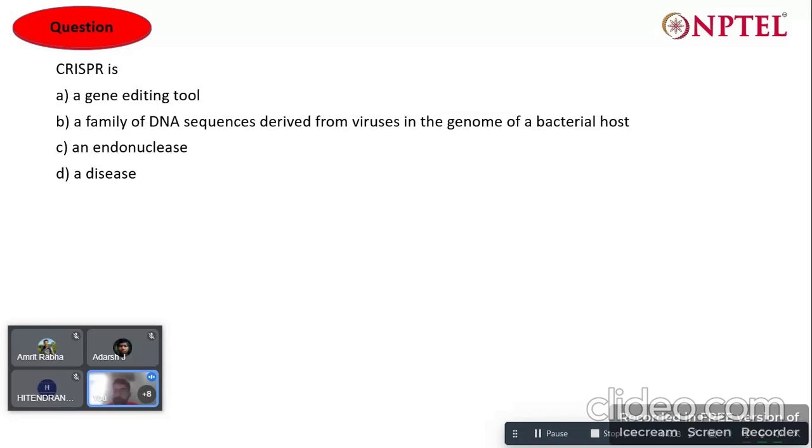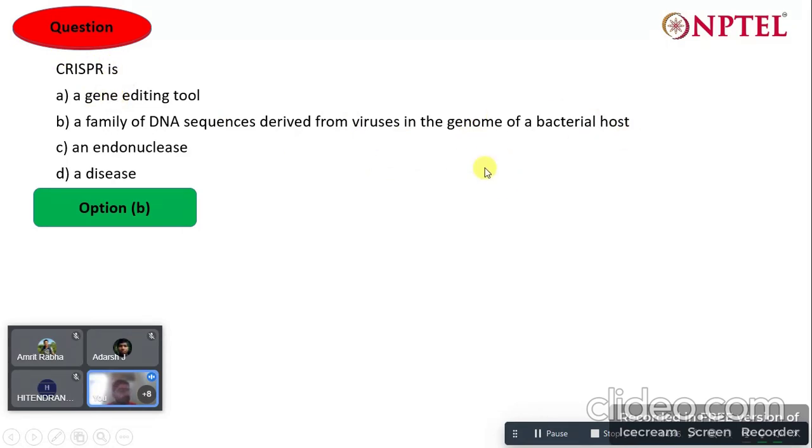Actually, it's not a gene editing tool. It's basically a family of DNA sequences that is derived from viruses in the genome of bacterial hosts. CRISPR stands for clustered regularly interspersed short palindromic repeats. Along with Cas9, CRISPR-Cas9 is a gene editing tool, but CRISPR itself is only a sequence that recognizes a particular sequence inside the host, derived from viruses inside the genome of the bacterial host.